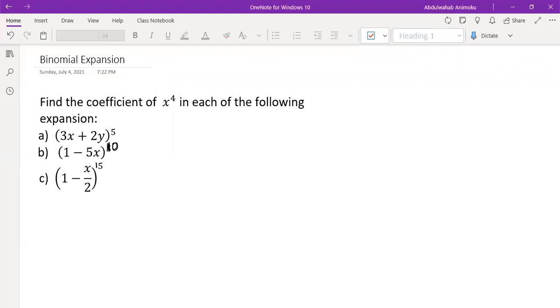Now, if you're not familiar with binomial expansion, we already said this is the expansion of this type of expression, which gives us n combination 0, x raised to power n, y raised to power 0. Then we continue this way, all the way to the last one, which is n combination n, x raised to power 0, y raised to power n.